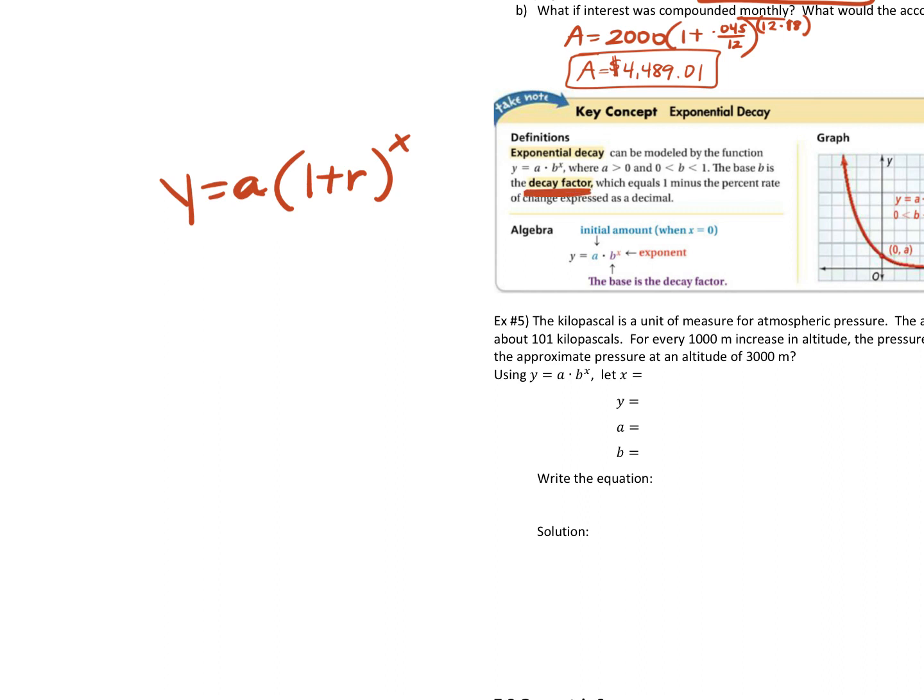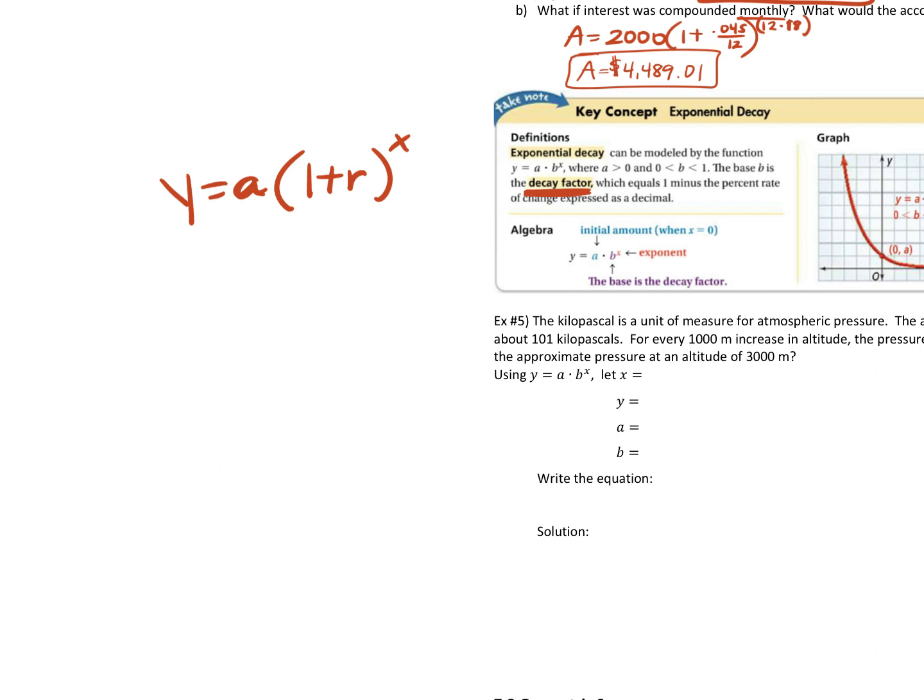Exponential decay is different. Remember on Friday, I said if we had grown by 5%, then we are 105% of what we started as. The same is true with decay, but in the other direction. So if I am 100% of me and I lose 5% of my weight, what percent of me am I now?